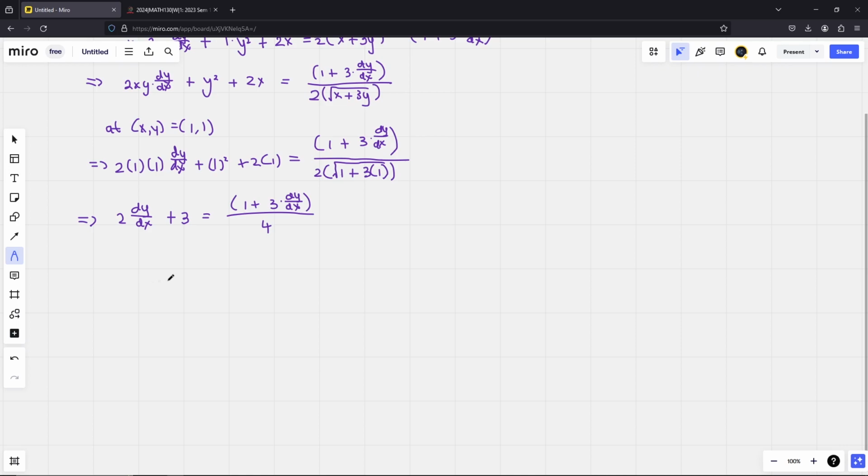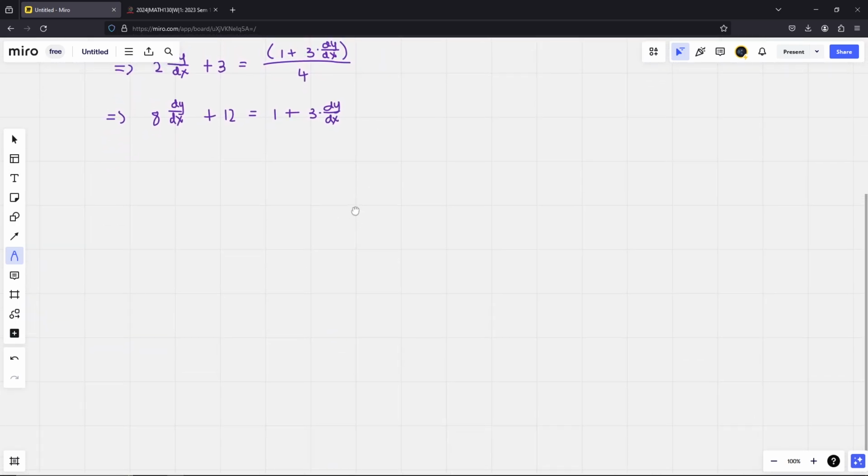Okay, so the next thing I'm going to do is multiply both sides by 4. So doing that, this is going to be 8 dy by dx, and that's going to become 12. And that's going to be equal to 1 plus 3 dy by dx.